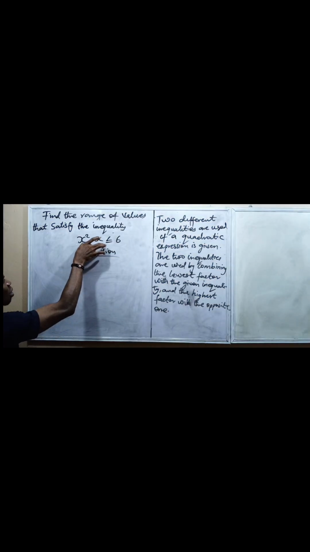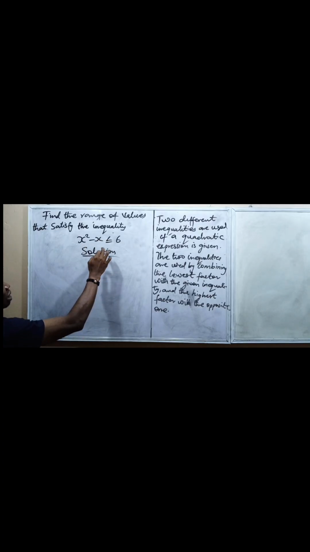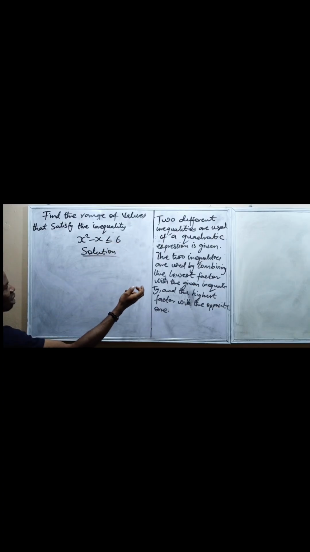So if you notice, this is a quadratic expression, and if we factor it, we have two different factors. The one given is less than or equal to, and another one, greater than or equal to, will also be used. One will be used for one factor, and the other for the other factor.